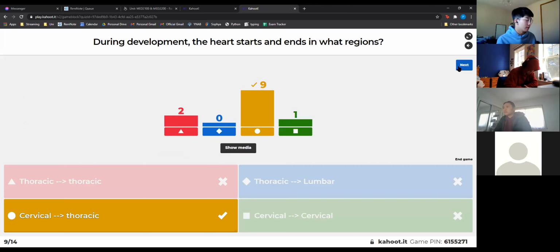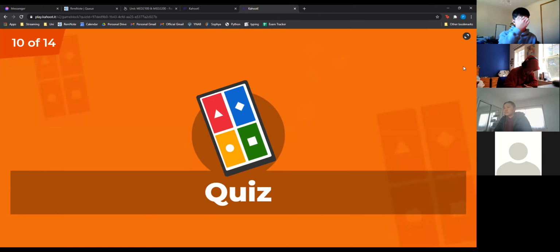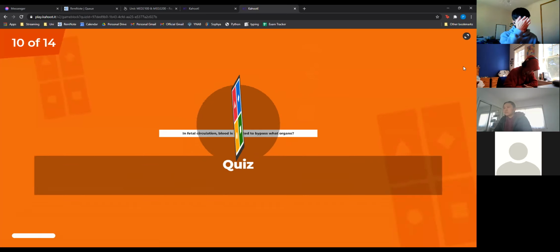C3, 4, 5 are all cervical, so for them to get down into your thorax region, they would have had to be dragged down. That's why it starts off cervical and ends up thoracic. Yeah, embryology matters. Oh, yeah. And C3, 4, 5 is fifth. Good job.